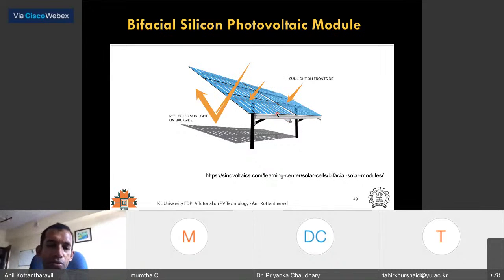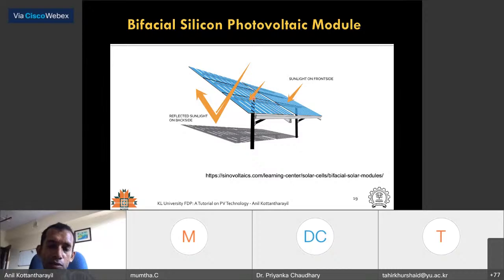And people are using it in very innovative ways for various applications. For example, part of the light would still go through, and then you can do farming under this. So this can be used in greenhouses, and in ponds, for example, because if you install floating solar panels, one of the concerns is what would happen to the plant growth, fish, and so forth in the ponds or lakes.